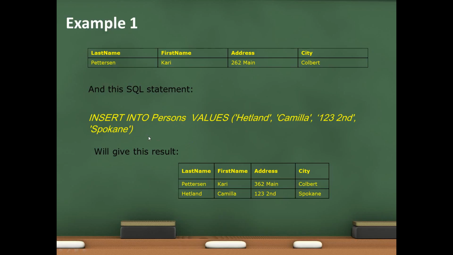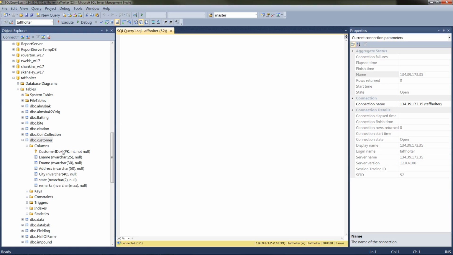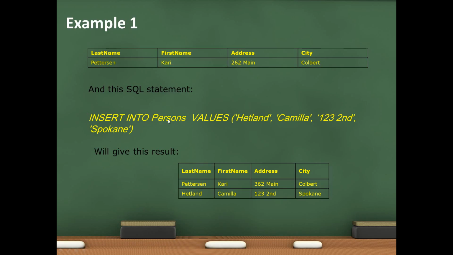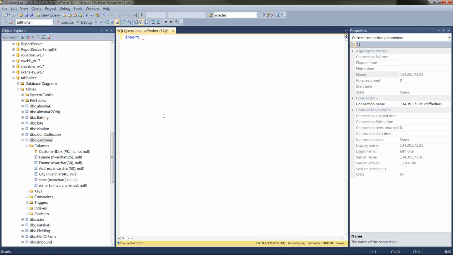Let's go back and try this one out. So looking at this table right now, I've got this customers table, so I'm going to insert into customers values. Insert into, in this case, it's customer, singular, then the keyword values.